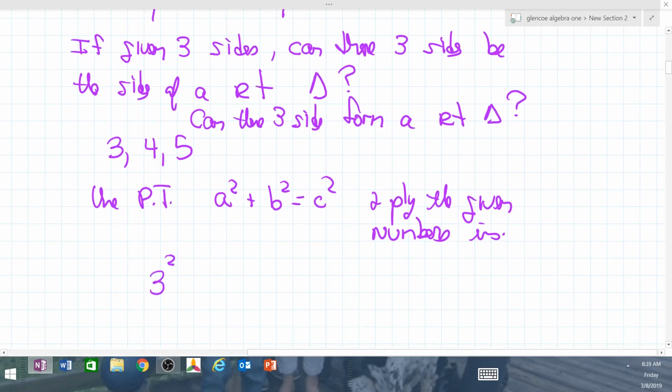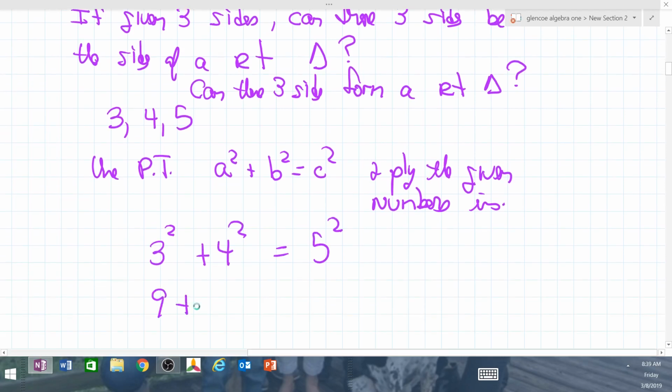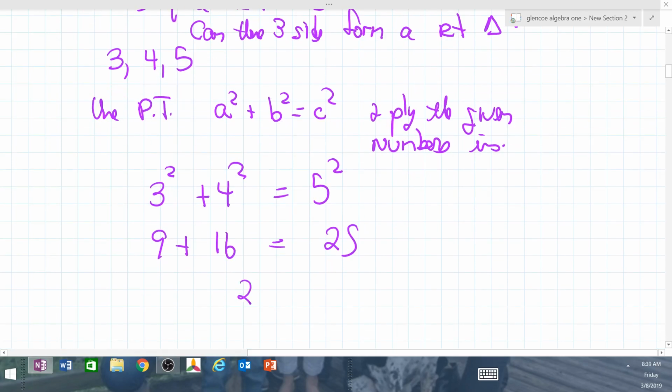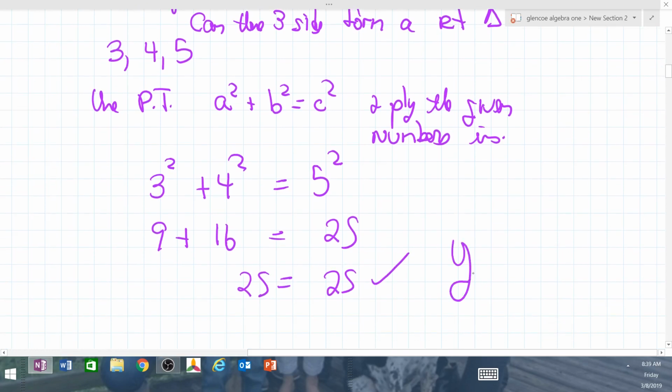So we're going to go 3 squared plus 4 squared equals 5 squared, or 9 plus 16 equals 25. And if the left side and the right side are equal to each other, then yes, those three sides can form a right triangle. Are you with me? Does anyone have a question?